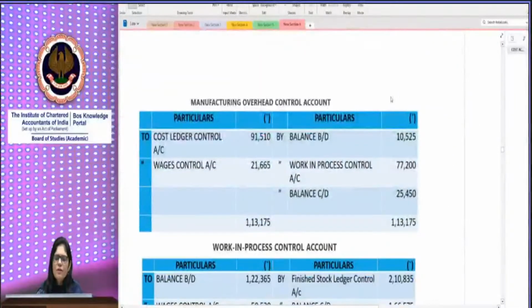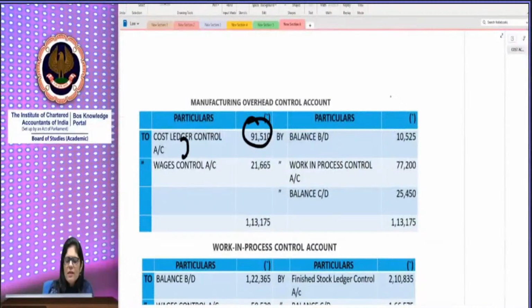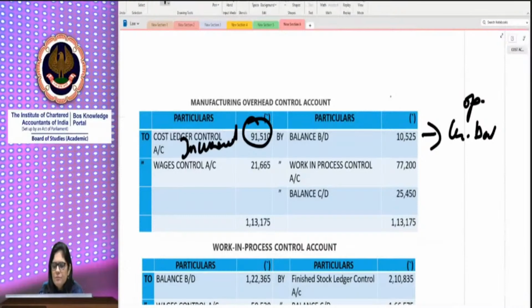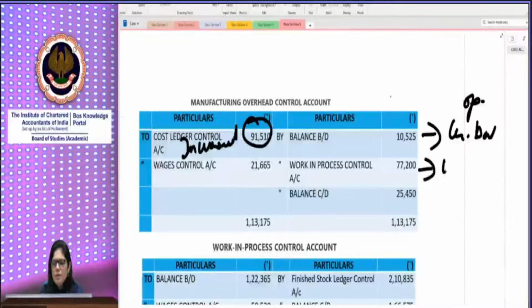Moving to the manufacturing overhead control account, this we incurred first. Clear? This was the credit balance, the opening balance of manufacturing overhead. This was transferred to WIP, which means it was absorbed. Clear?